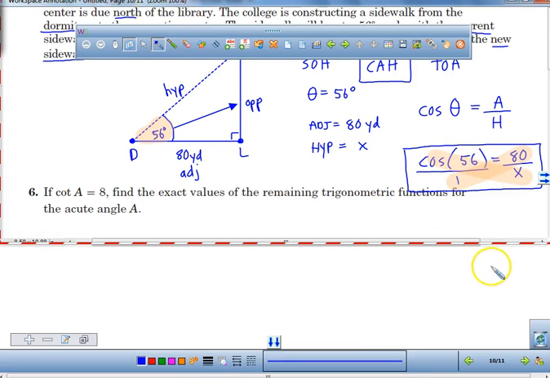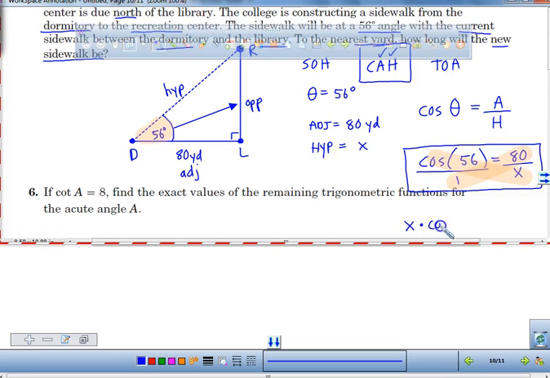Cross multiply, you get x times the cosine of 56 equals 80 times 1, which is 80. So a number times the cosine of 56 should equal 80.